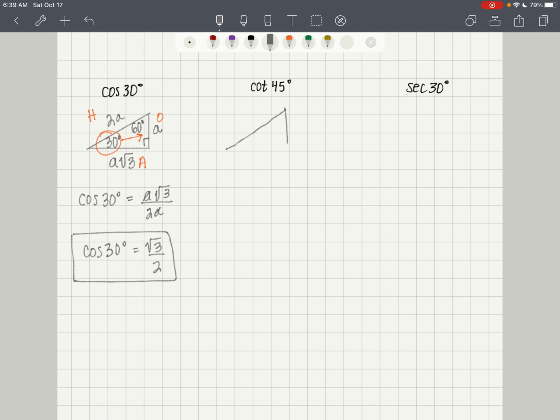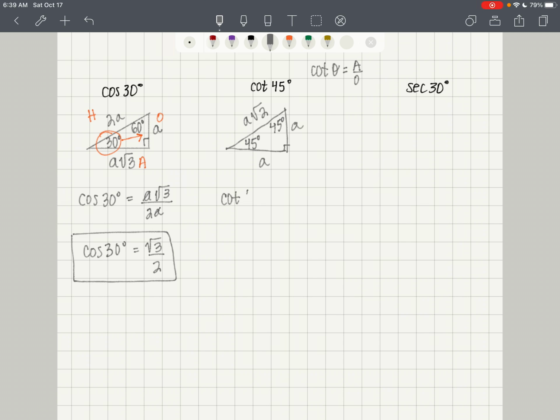Now we have the cotangent of 45 degrees. So I've got 45, 45, 90. The legs are A, and the hypotenuse is A times the square root of 2. Cotangent of an angle is equal to not opposite over adjacent, but adjacent over opposite.